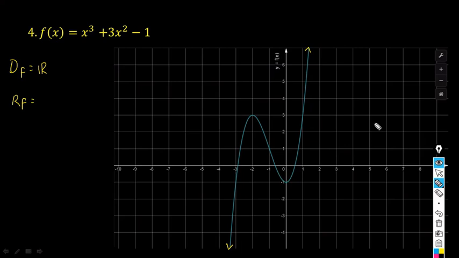Think a little. If you said all of them, you're correct. It's all the real numbers, because this graph will sweep all of the y-axis. So all the numbers are going to be included in the range of this function.